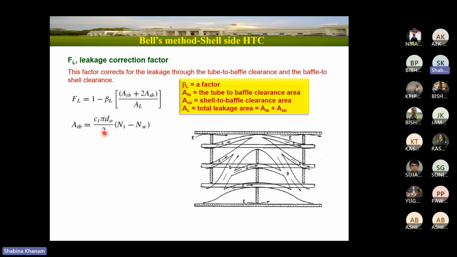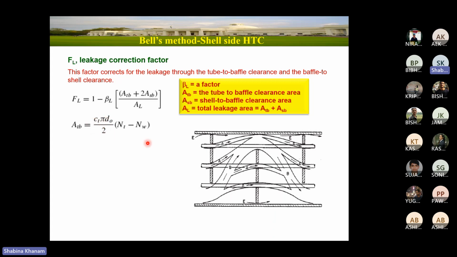I hope you are getting my point. Pi d naught will give the length, and CT would be this distance. So this multiplication will give the total clearance area. So why are we considering this by 2?